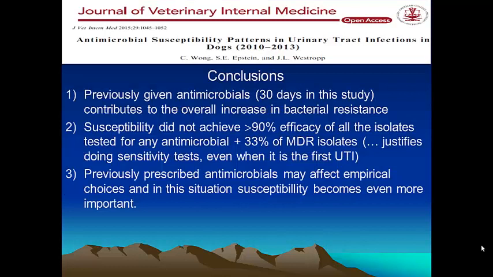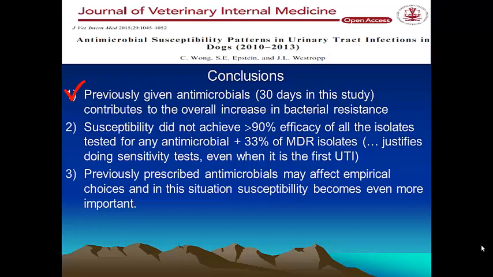So the conclusions from this study that we can apply to our routine practice are that if we have previously given any antimicrobial within 30 days of collecting the urine sample for doing a bacterial culture, the chances are that whatever isolates we get are likely to be more resistant not only to that type of antimicrobial, but to other antimicrobials also.